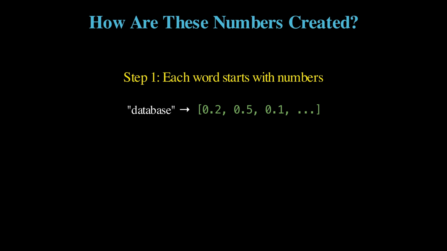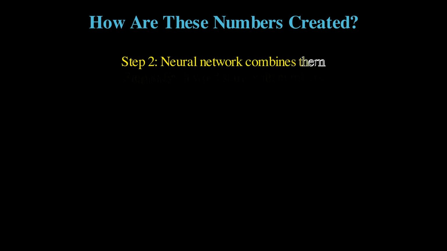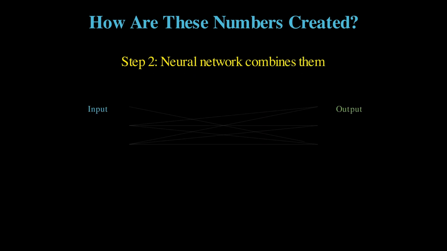The value of these numbers depends on the model's training. Step 2. A neural network, which is basically a smart mathematical system, or you can think of it as a tiny calculator that learns patterns, combines them.